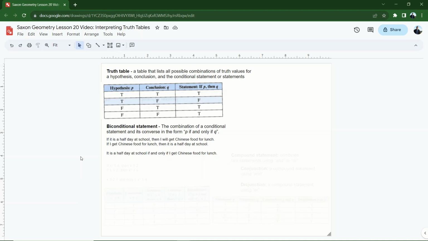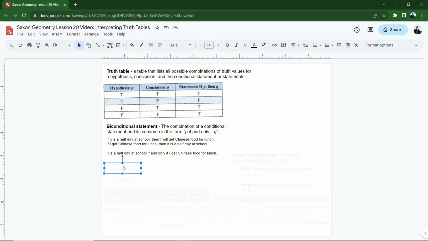And basically what that "if and only if" is doing is serving as an equal sign in the middle of the statement. It is a half day of school if and only if I get Chinese food for lunch. This statement is only true if both the original statement and the converse of the original statement are true.